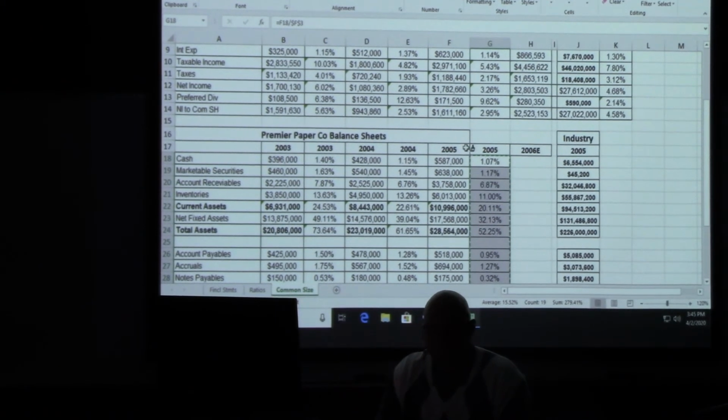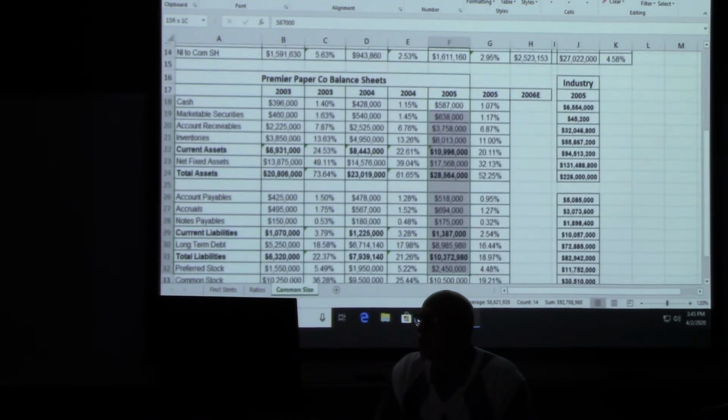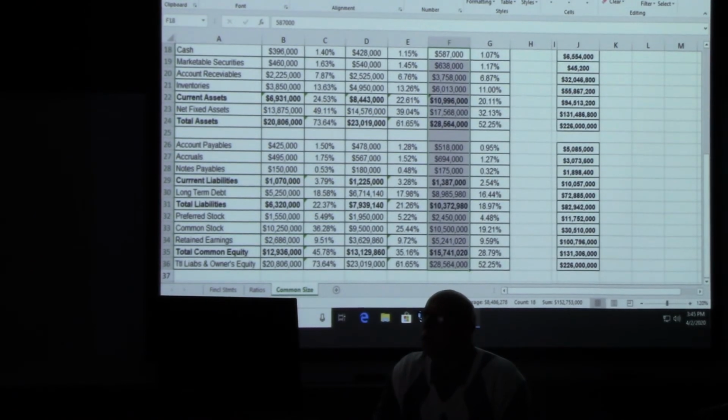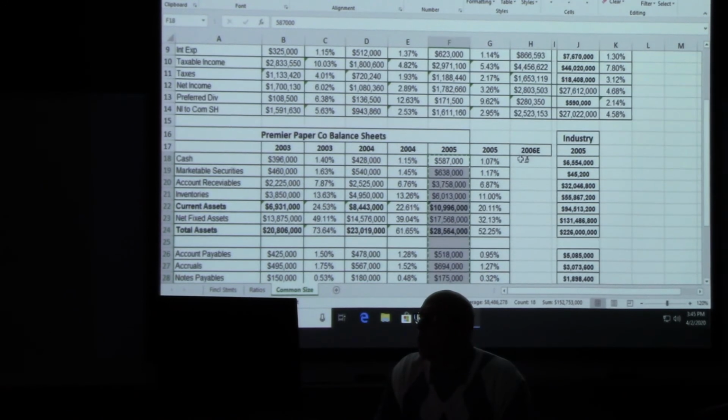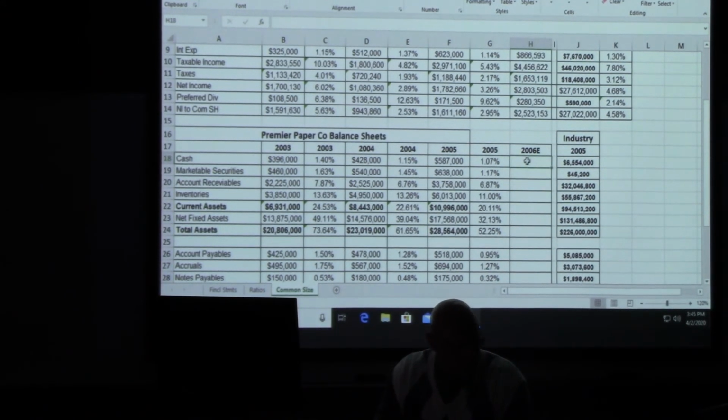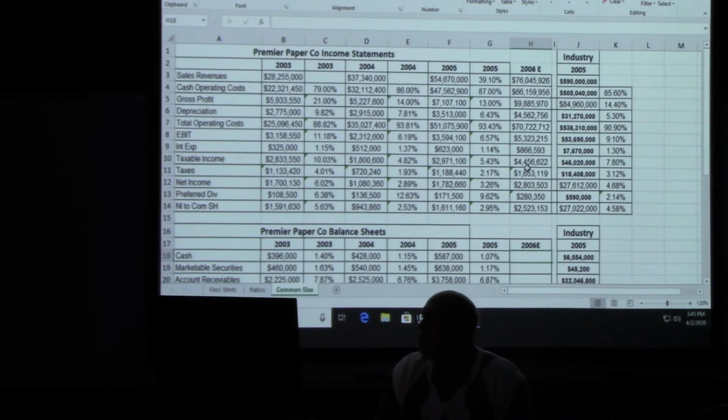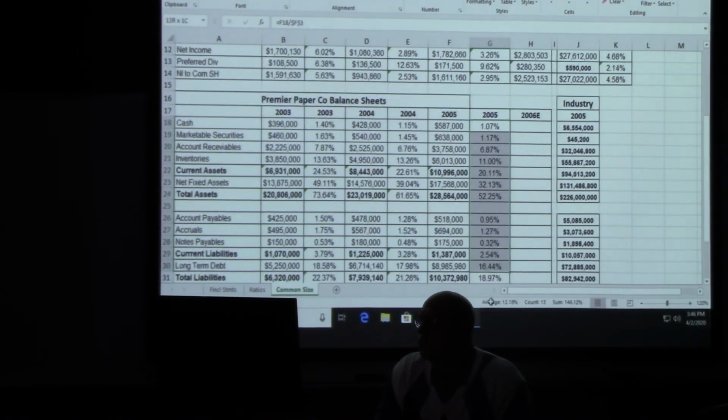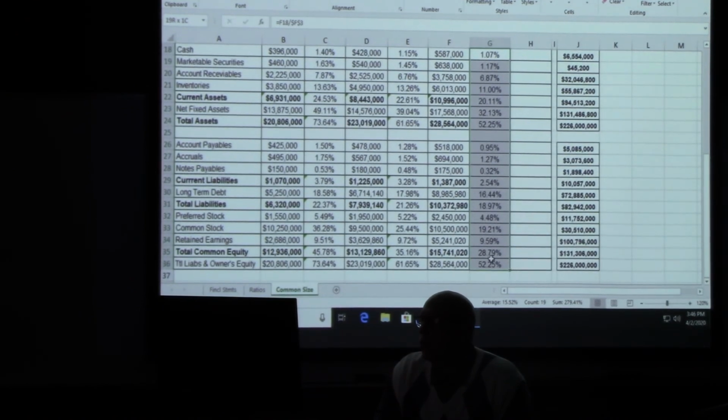Actually, we don't want it as percentage. We're going to want it as dollars. So let's go ahead and grab that and we'll format it there like so. Okay. Now, let's use this number here and these numbers here to look at our balance sheet.